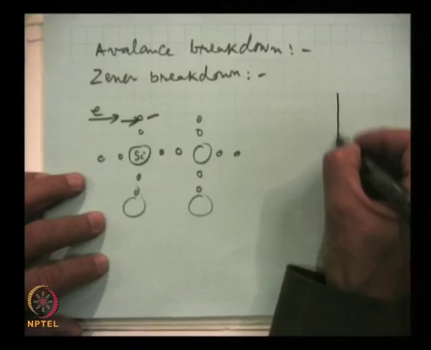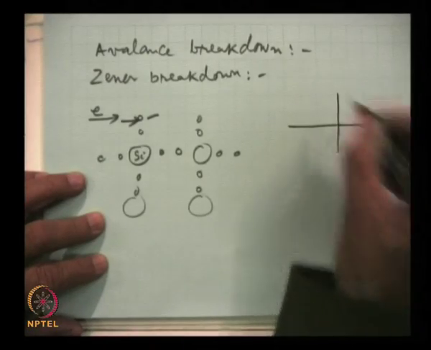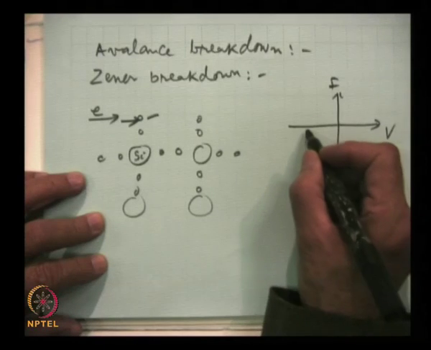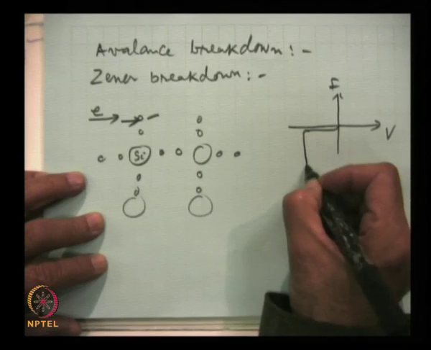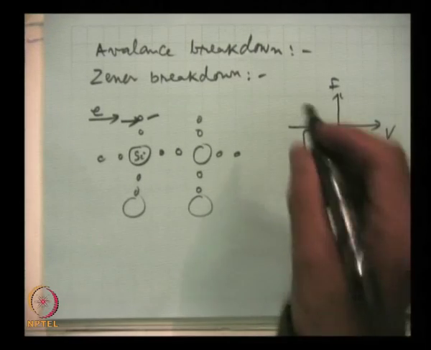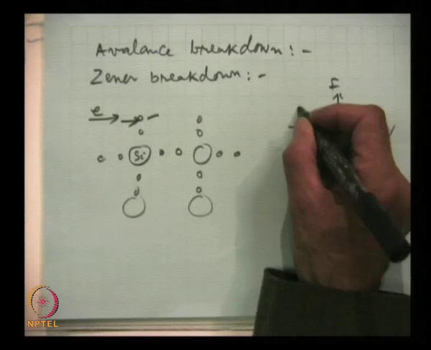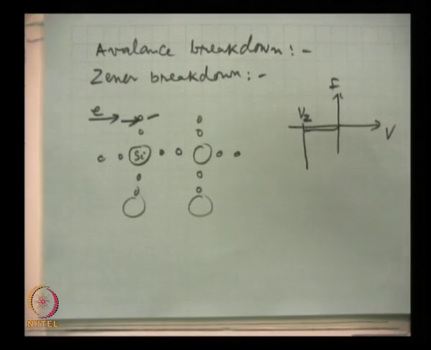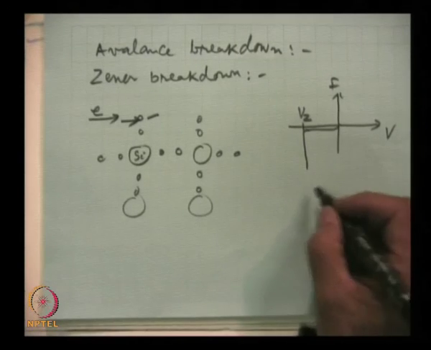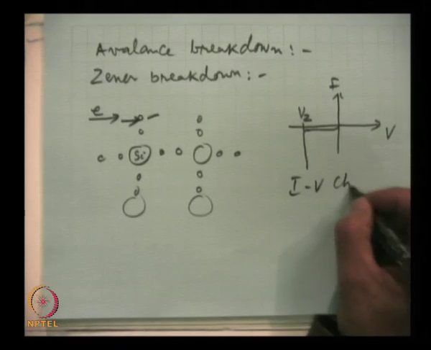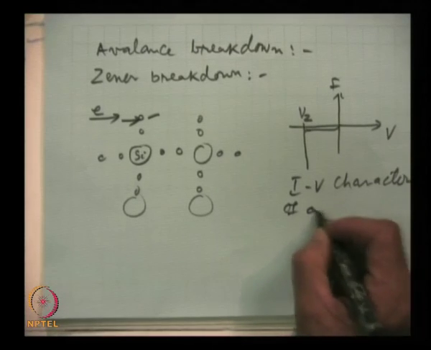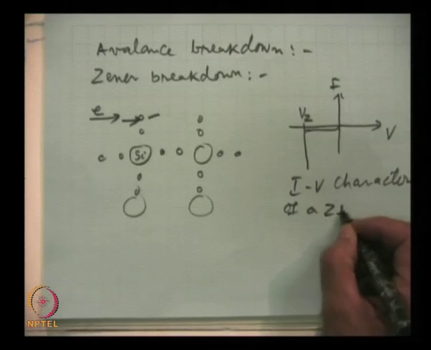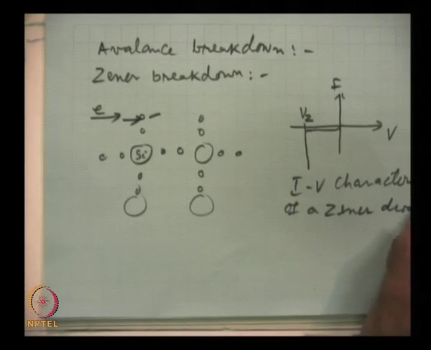So here this is V, this is I, this is the reverse saturation current, and then breakdown occurs at a well defined voltage, which is known as the Zener breakdown voltage. Now, these are the I-V characteristics of what we call a Zener diode.